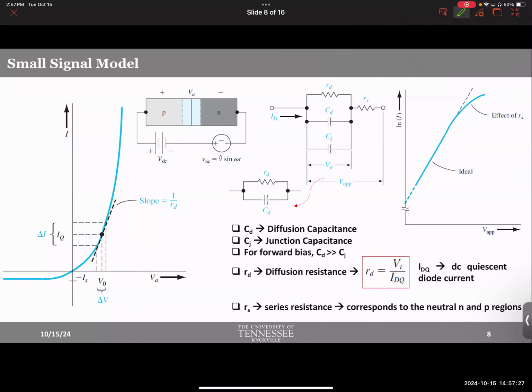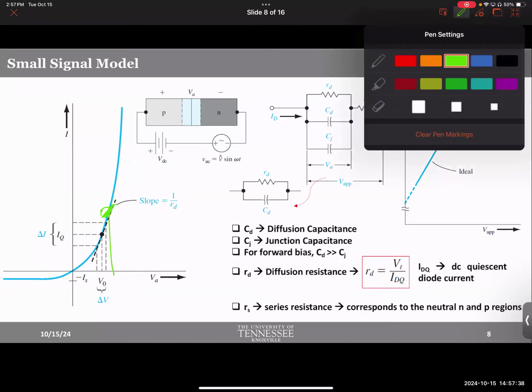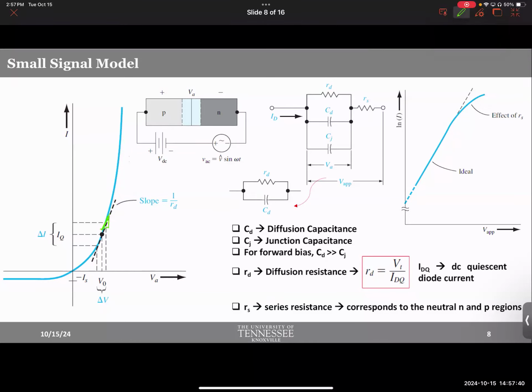So I choose one DC operating point, and then I superimpose a small signal AC voltage, which takes me around the level and helps me get the slope around it and estimate the resistance. That resistance could be RD. Are you guys still with me so far?